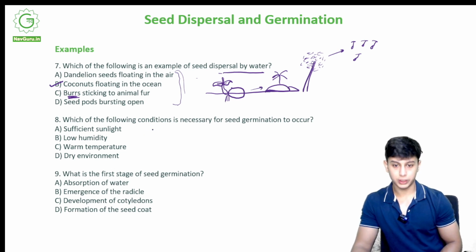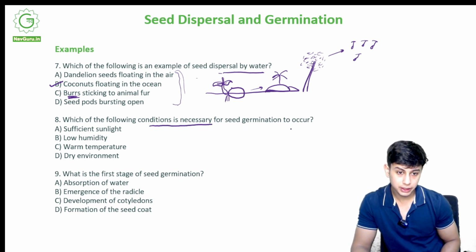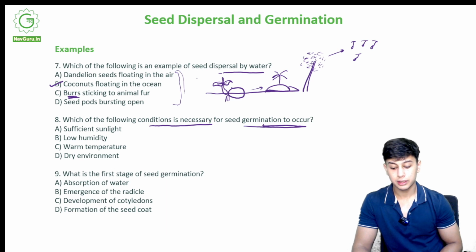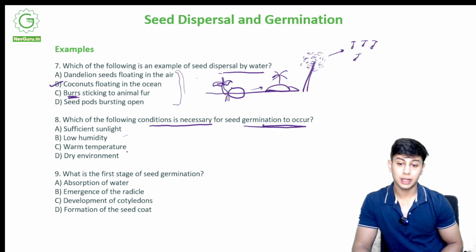Which of the following conditions is necessary for seed germination to occur? Is it sufficient sunlight? Is it low humidity? Is it warm temperature? Is it a dry environment?